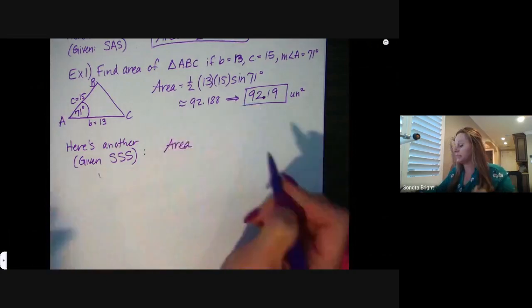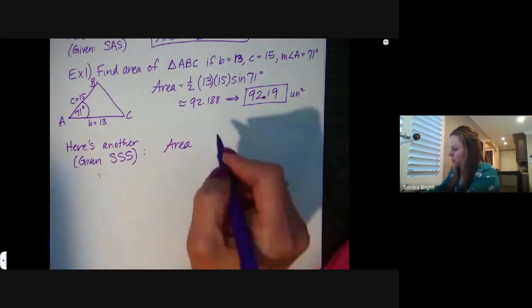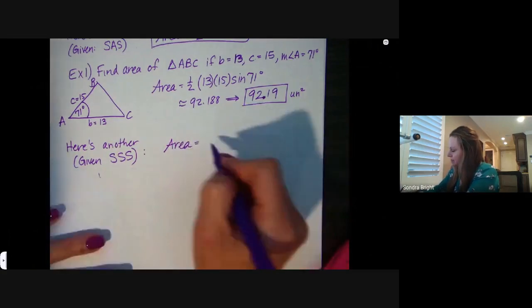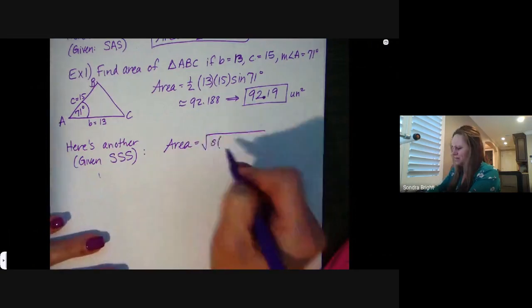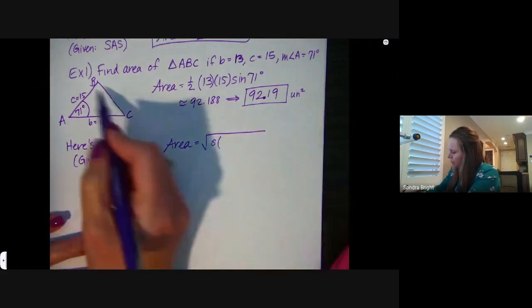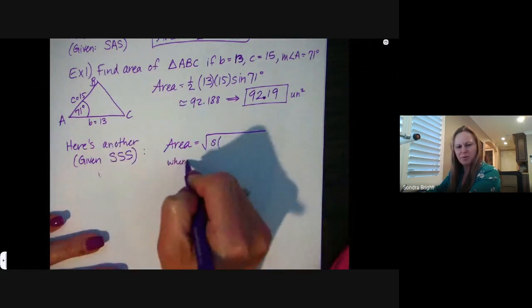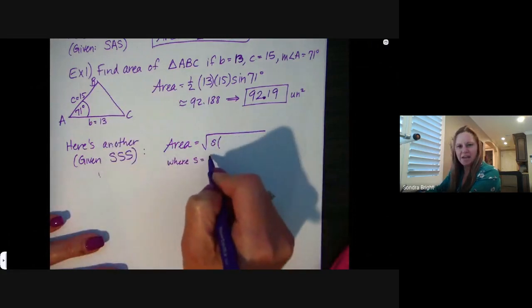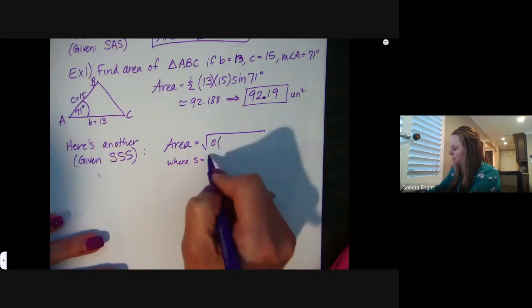It's called Heron's formula, and it is equal to, you ready for it? Square root of S. You're like, S? What the heck is S when everything else is going to be A's, B's, and C's? Well, let me give it to you. Where S is what we call the semi-perimeter. Semi, half of the perimeter. And the perimeter would be adding up the three sides.